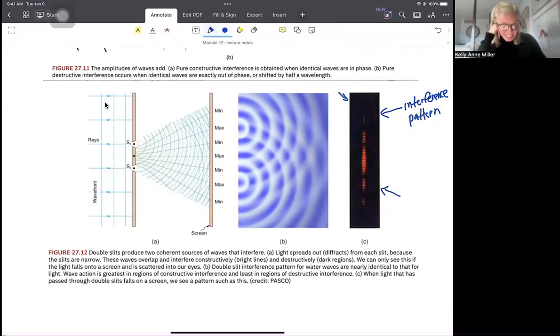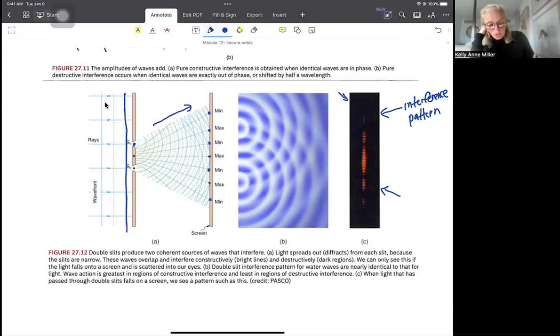The reason that happens is that when these wave fronts hit the slits, each wavelet bends. Those wavelets then propagate through this space basically uninterrupted, and they interfere when they reach the screen.